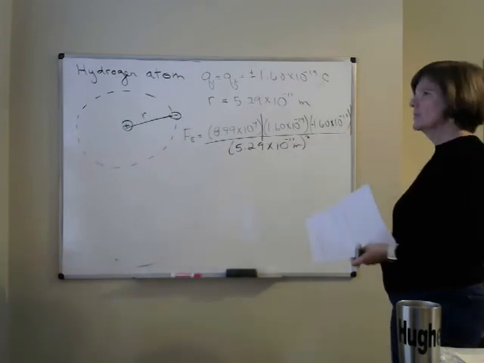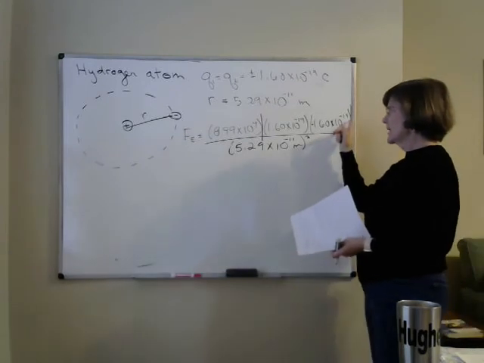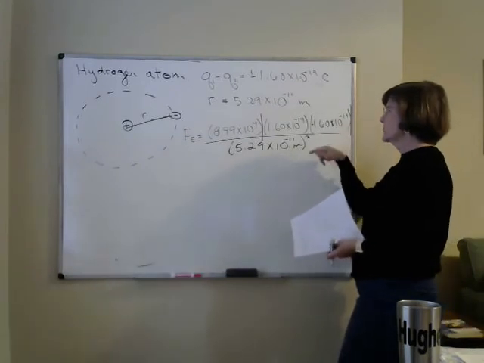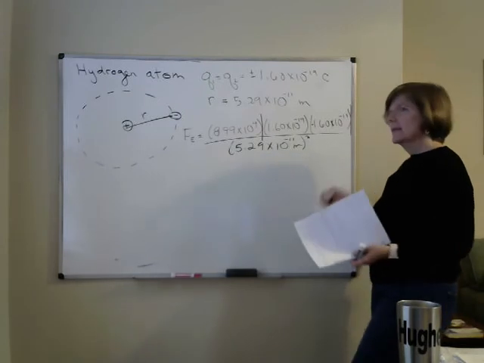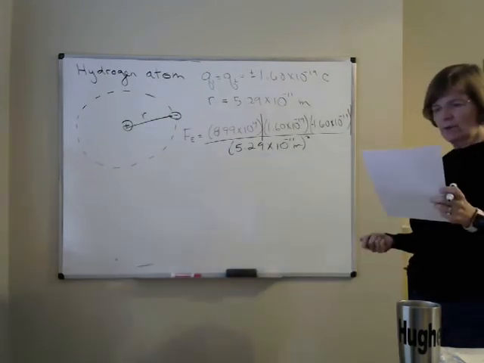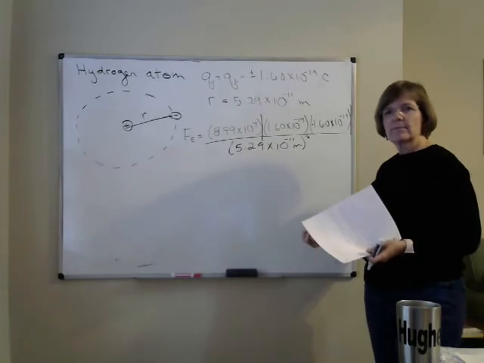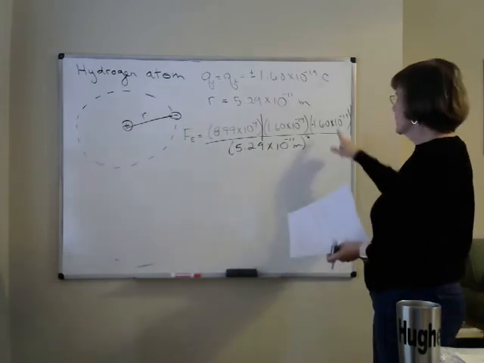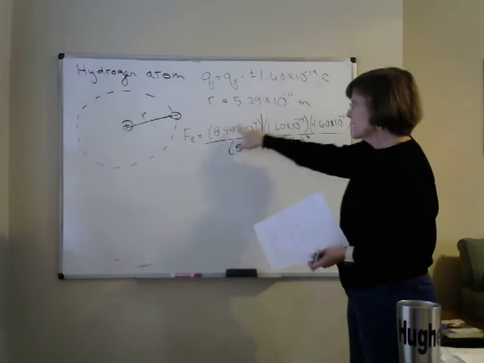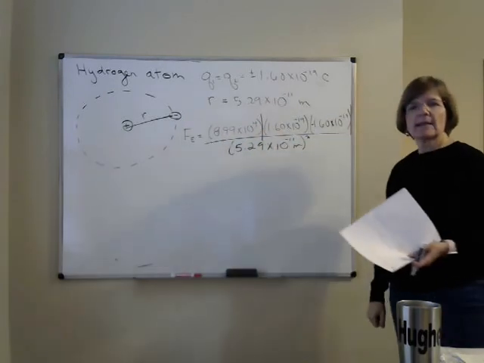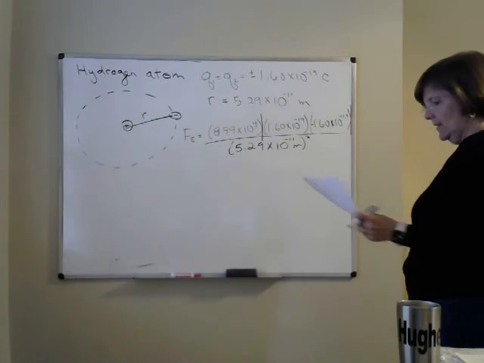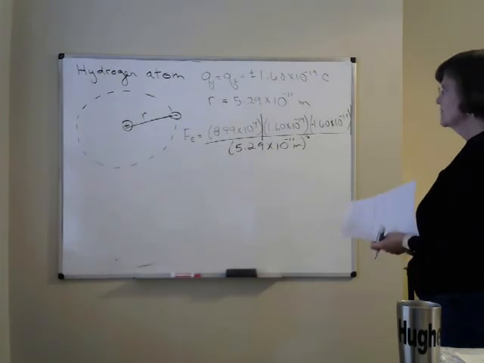Negative 29 on top, negative 22 on the bottom. I'm going to end up with something maybe on the order of negative 7, maybe negative 8, because if we were to round that 8, it's probably more like 10. I think in the order of 10 to the negative 8 or so. We'll see.